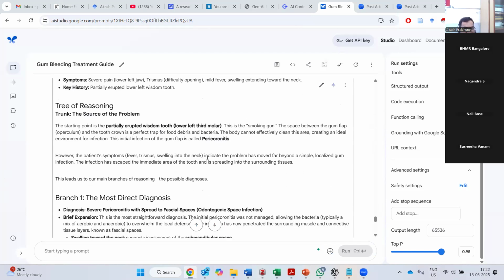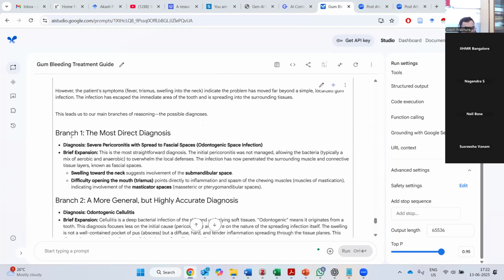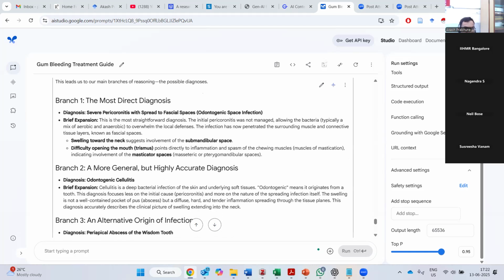Fever, trismus, swelling into the neck indicates something far beyond localized gum infection. Branch one, the most direct option, is severe pericoronitis which spread to the facial spaces, that is odontogenic infection. Second, more general but highly accurate, is odontogenic cellulitis.